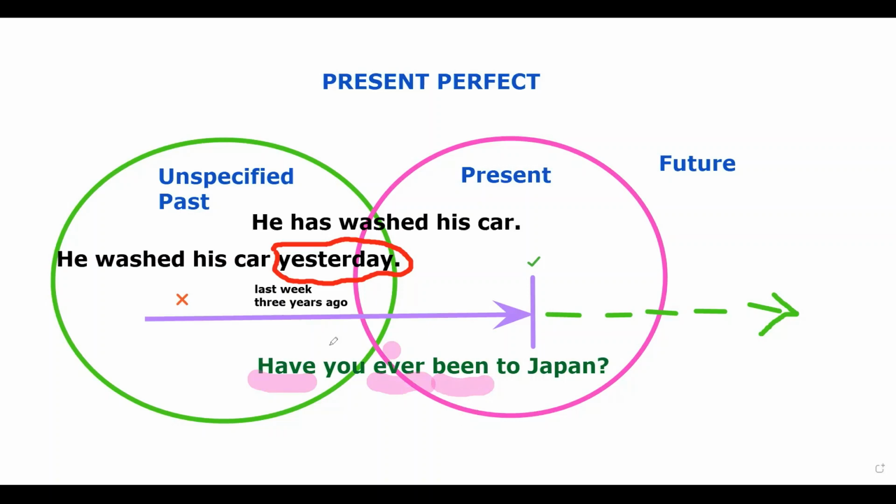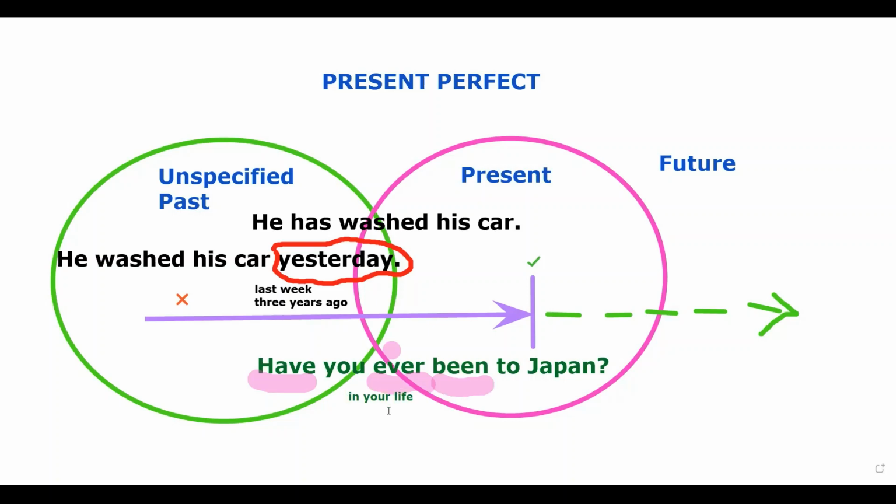All right? Have you ever been to Japan means: have you ever, in your life, no matter when. So this is an unspecified question. It's just in your life, in your life.